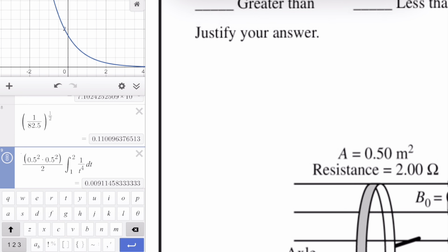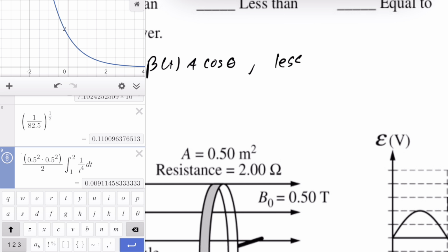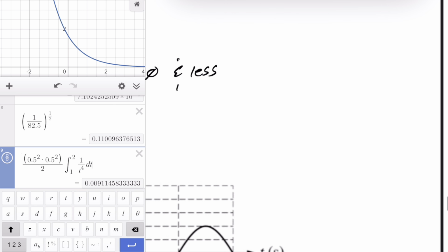The reason why it's less than is because the magnetic flux as a function of time is equal to B of t A cos theta. Cos theta is max at theta equals 0, and less at theta equals 30.